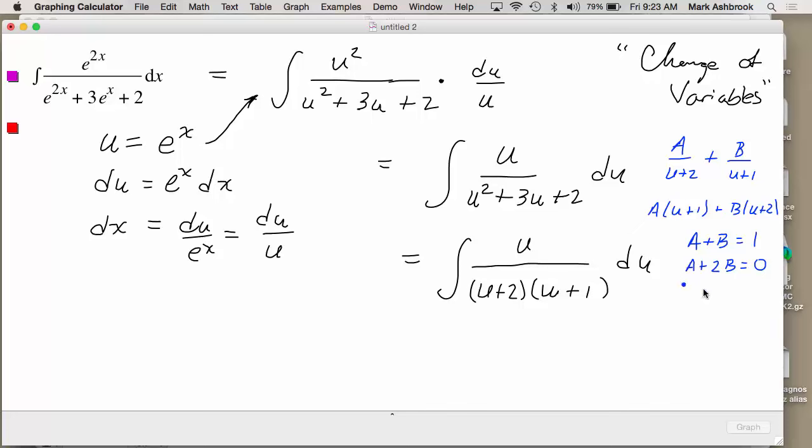It's been 48 hours or so since we did partial fractions, so if you need to review, you need to review. But this says that minus B, I'm going to subtract. Minus B equals 1. So B is minus 1. And A is 2.